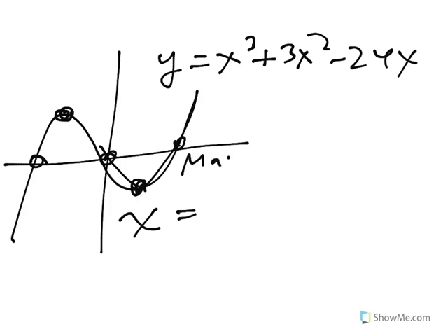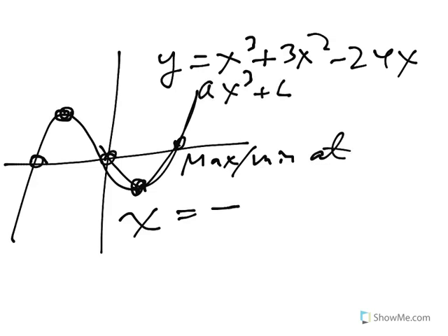But I'll just say the max/min formula gets you both at x equals, check this out, if this is ax to the third plus bx squared plus cx plus d, the formula is not negative b over 2a like it was for quadratics. Instead, it's kind of a funny formula.